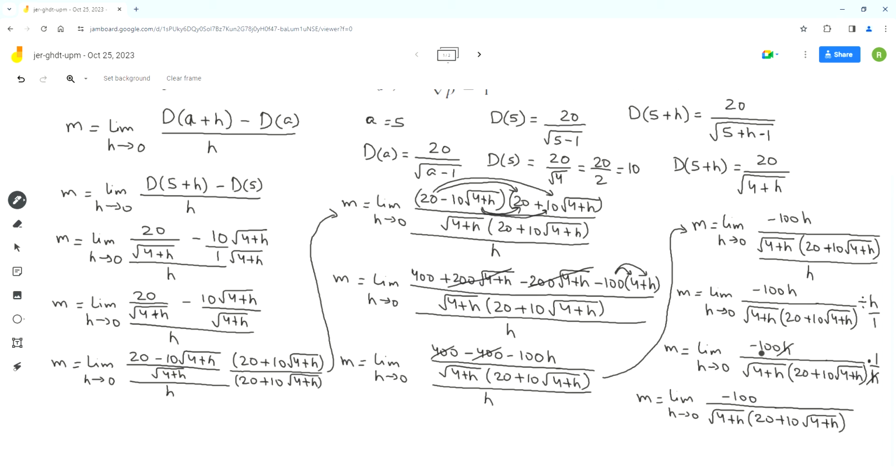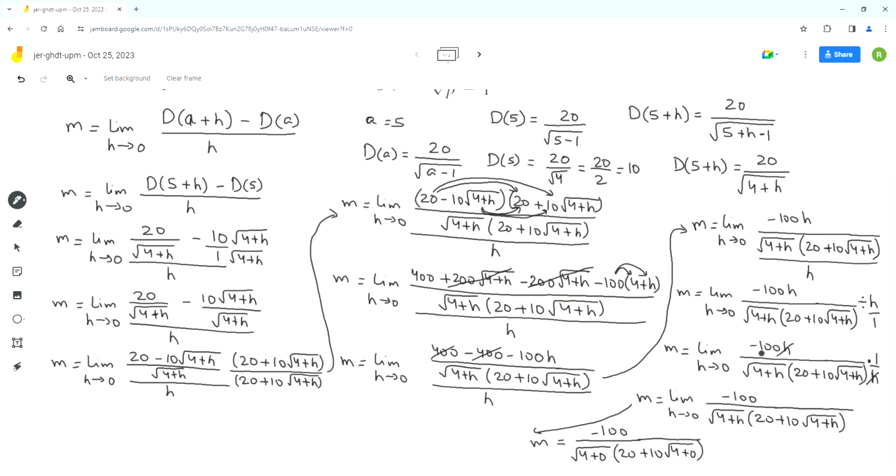Now we can apply the limit. So when we sub in the limit, m equals negative 100 over square root of 4 plus 0 times 20 plus 10 times square root of 4 plus 0.